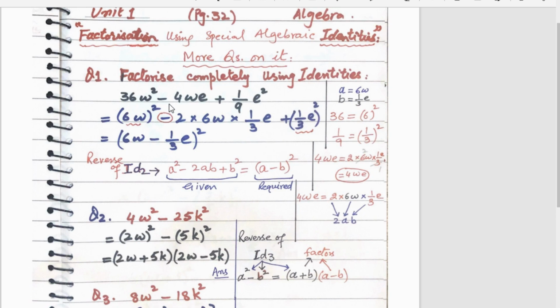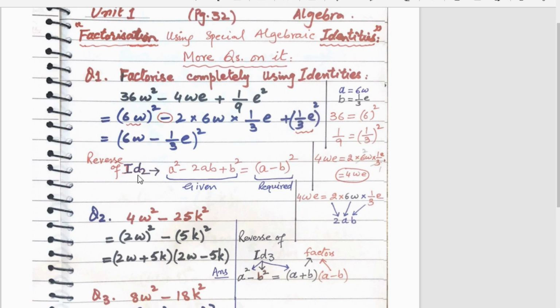First of all I want to tell you, when there is an expression with 2 squares and there is a term in the middle with some negative or positive sign, we revise all the three identities in our mind. When we have a negative sign with the middle term, which is without squares, then we will move towards identity 2.